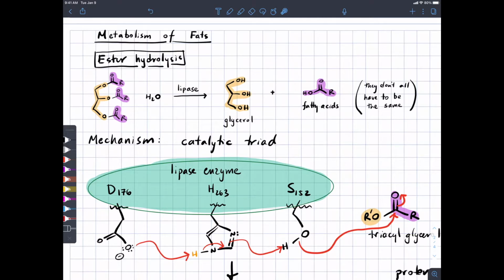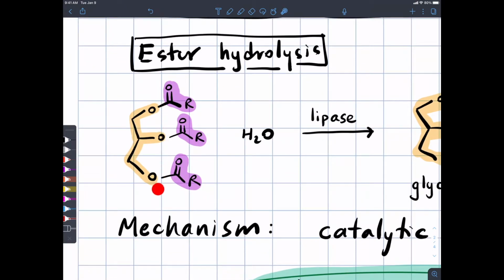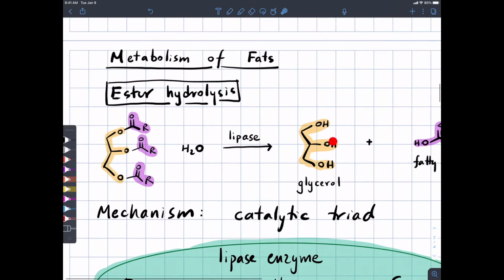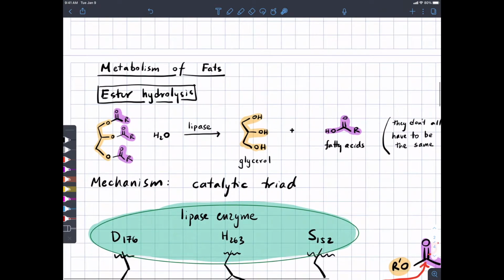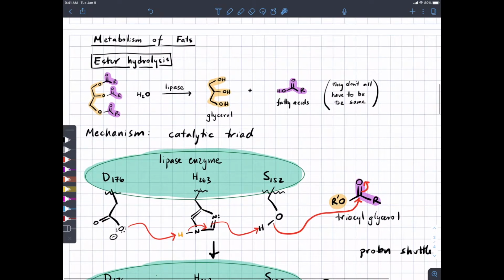So the function of the lipase enzyme is to hydrolyze each of these ester bonds to release the alcohol groups on glycerol and then the 3 fatty acids. And the lipase enzyme active site has 3 key amino acids. If you were to look up the structure of the lipase enzyme, here are the amino acid numbers in the sequence.